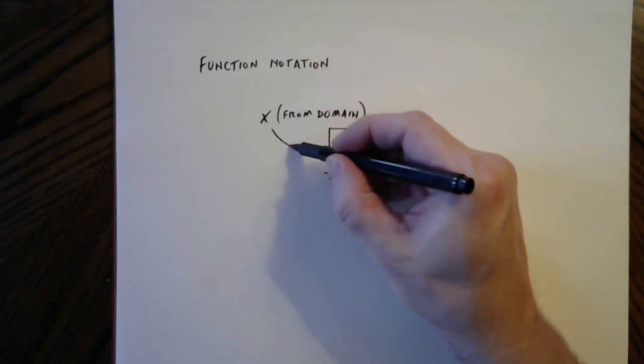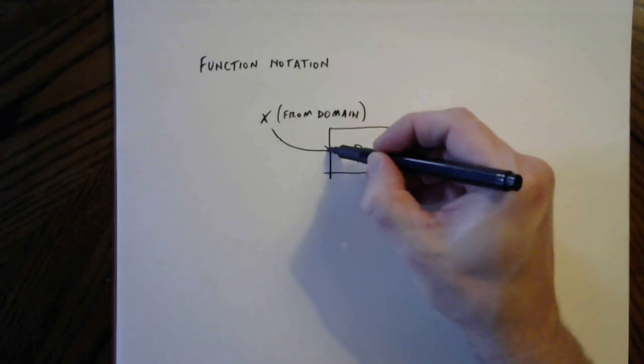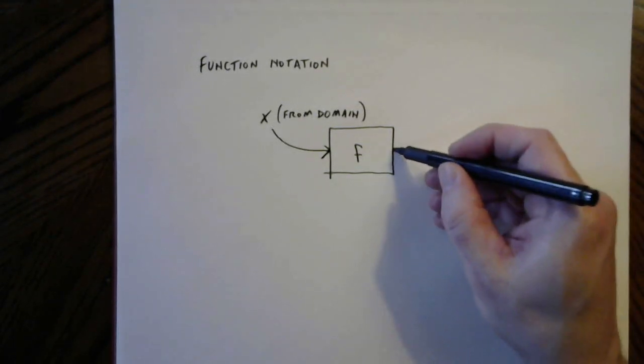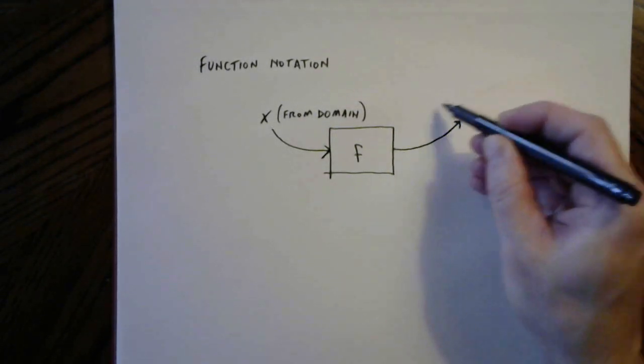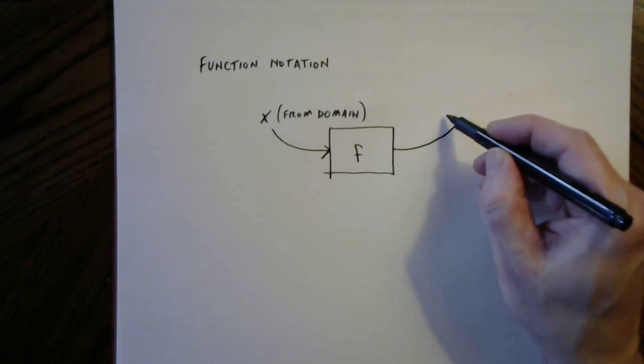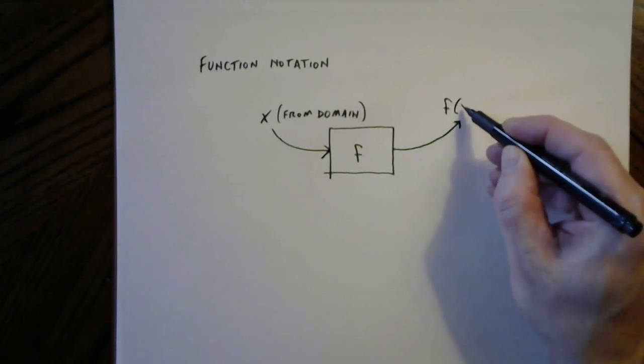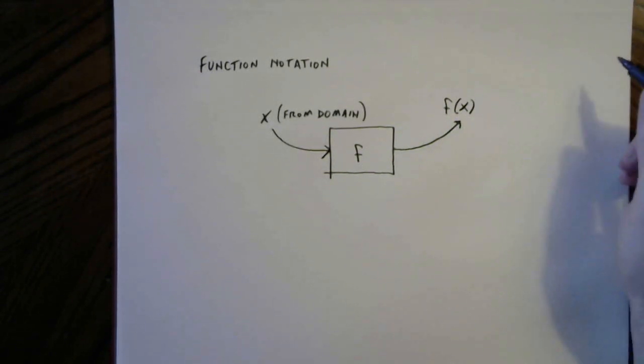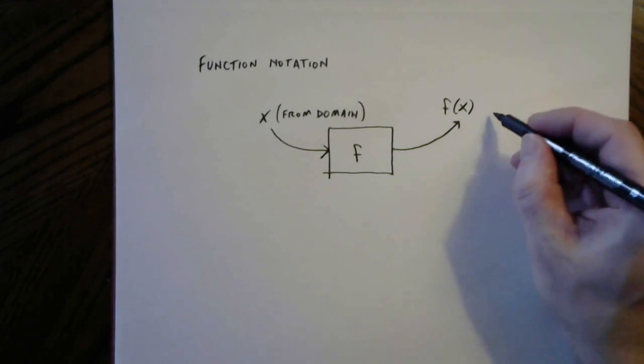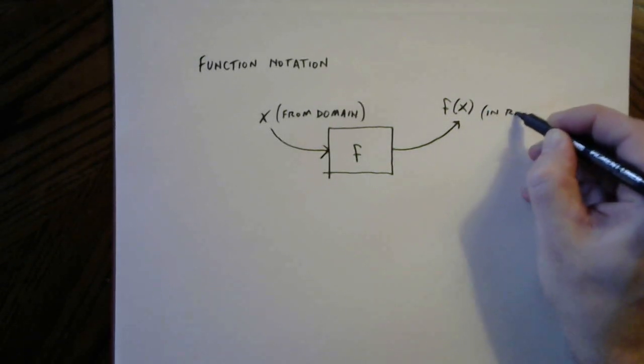And that element will be input into some function, and then I spit something out. And this is the notation that is used, and this is read as f of x. And this, of course, would be in the range. This is an output.